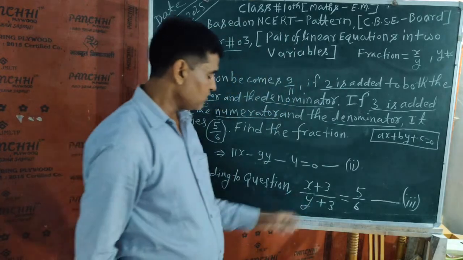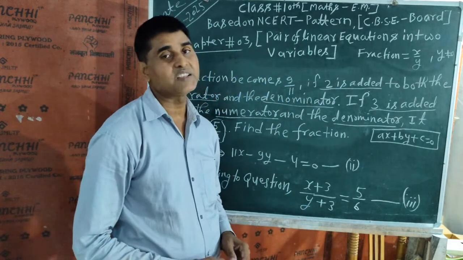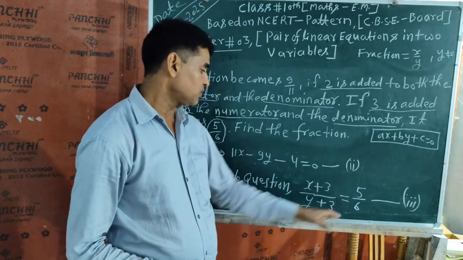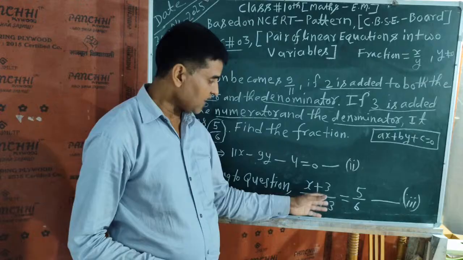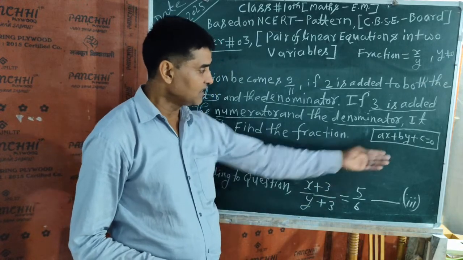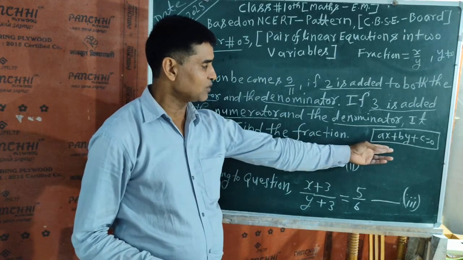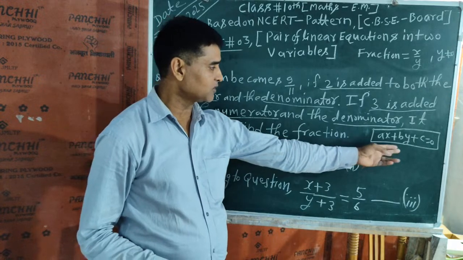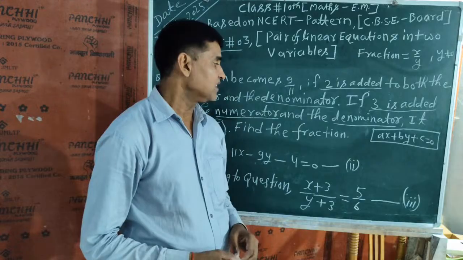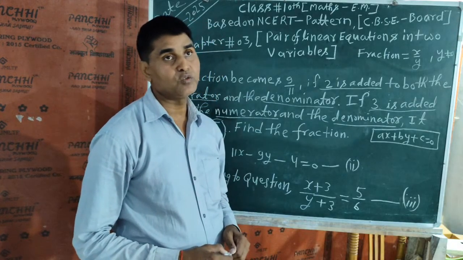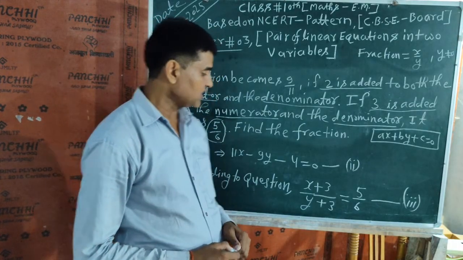Now again I will use the concept of cross multiplication, and after cross multiplication I will simplify it. After simplifying this expression I will put it in the standard form of a linear equation in two variables, ax plus by plus c, where a, b, c are constant values from minus infinity to plus infinity.